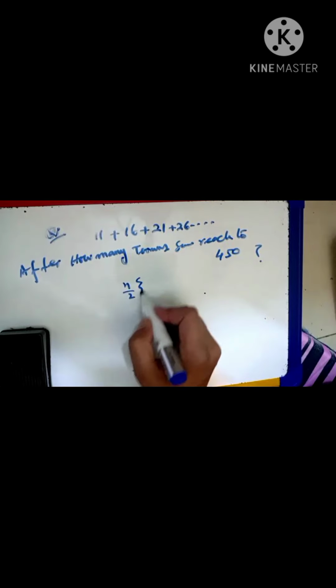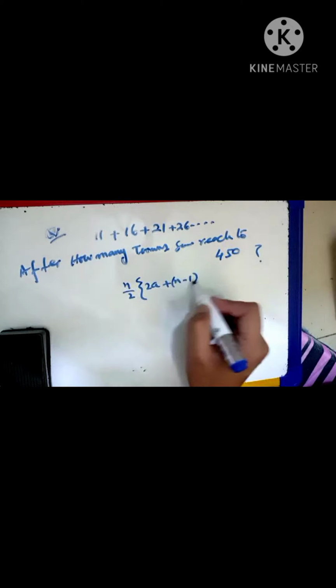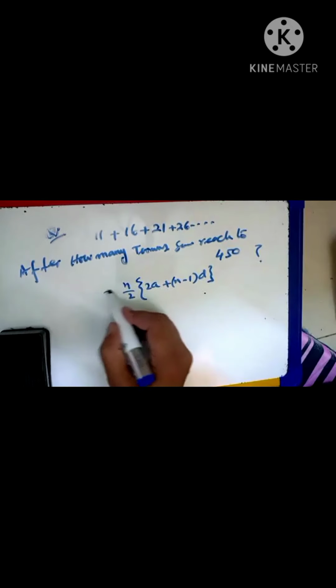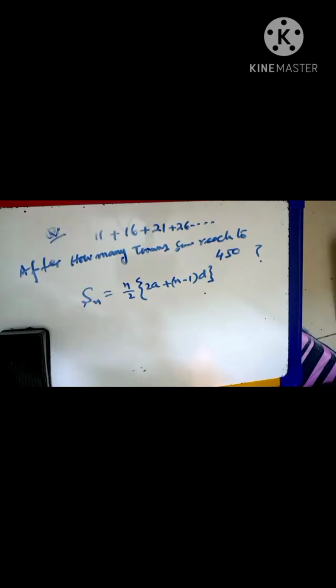Yeah, can you do it? Yeah. Okay, by 2, although it is given in the exam, so I should give you this one, SN. Is it SN or UN? SN means sum, right?